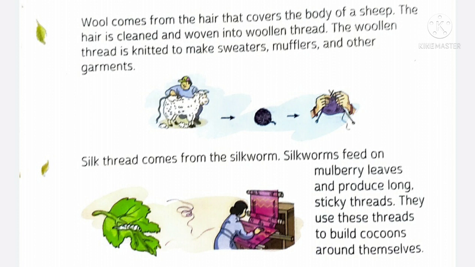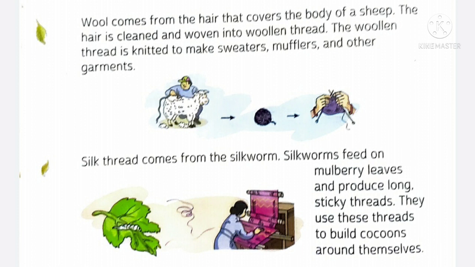Actually, you might have seen your grandmother or your mother knitting or making sweaters. That process is known as knitting. So that thread is knitted to make sweaters, mufflers, and other garments. So why do we wear all these clothes in winter season? Because it keeps our body warm.